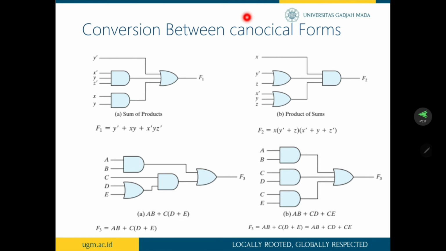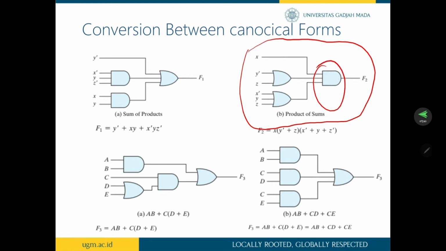And then for example, in here we have function F2, and we can draw the circuit as in picture B, using OR and AND gates.